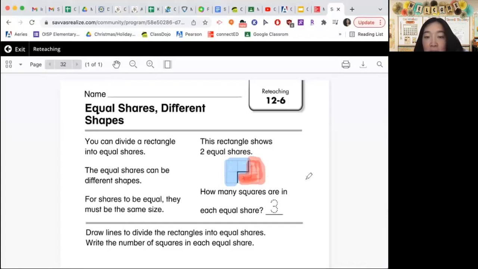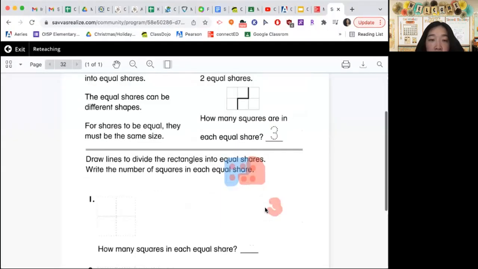How many pieces of chocolate did each person get here? 3. 1, 2, 3. 1, 2, 3. Each person got 3 pieces of chocolate. So each piece is the same size. So if you got 3 and they got 3, did you both get the same amount? Did you get equal amounts? Yes. Very nice.